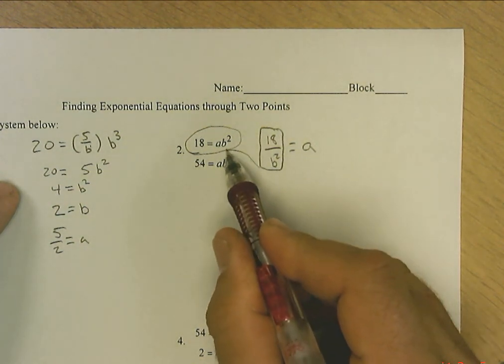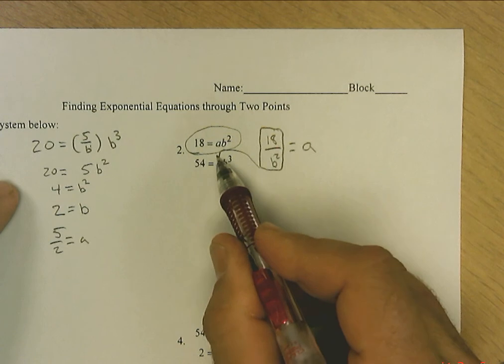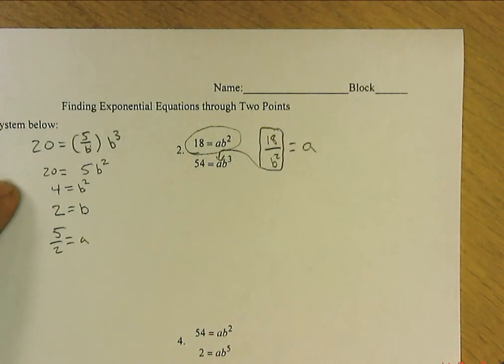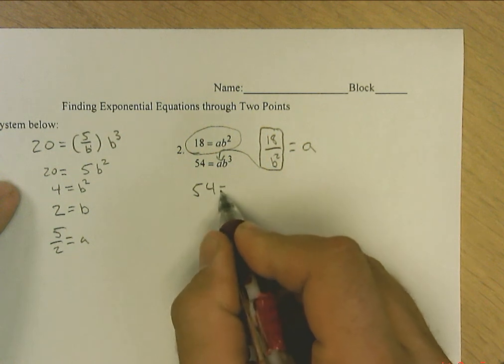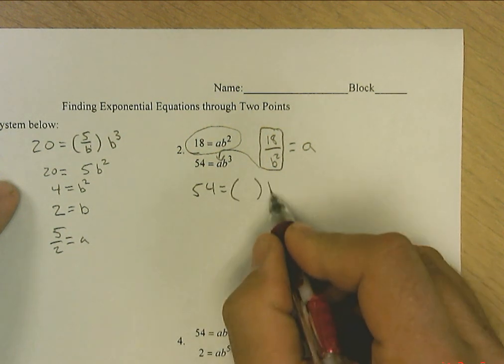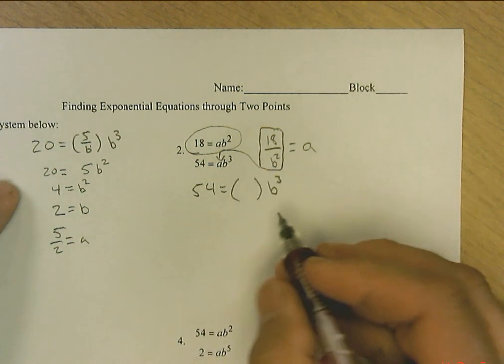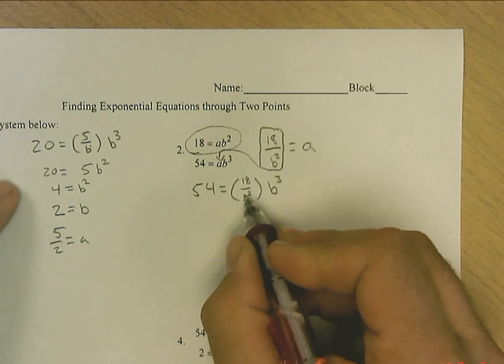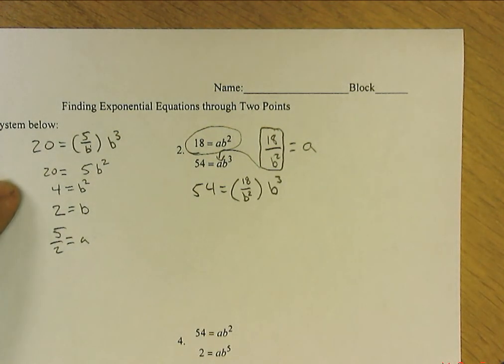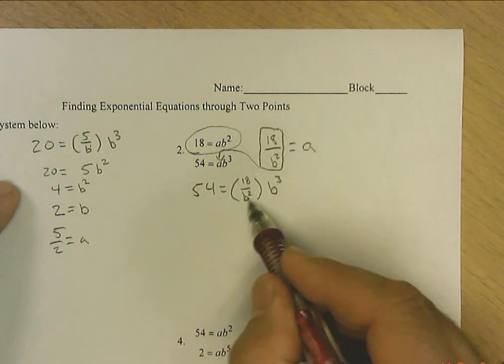I'm going to substitute that into the other equation. And now I know that 54 is equal to my a times my b cubed. And my a is just 18 over b squared. Simplify that.